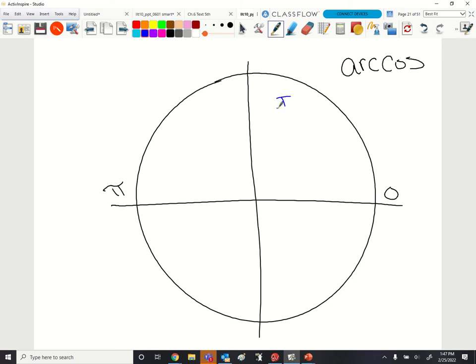So in quadrant 1 and quadrant 2. So it only goes from here to here. Now, remember, cosine is my x values, right? What do we know about the x values in quadrant 1? Positive. What do we know about the x values in quadrant 2? Negative. There we go. So I'm only looking in these two quadrants for answers, right?